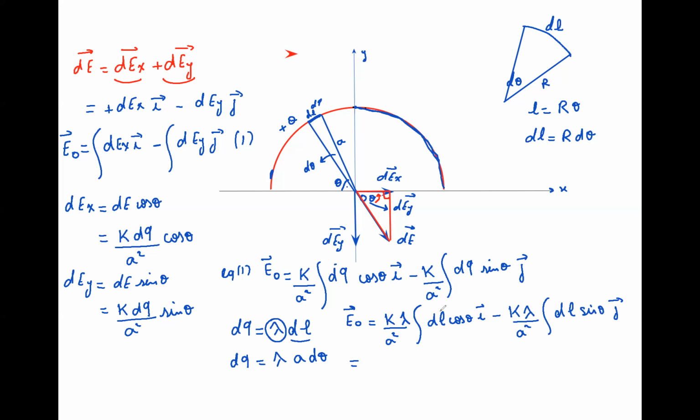So now we have two parameters. If you move delta L from here to here, theta will change and delta L position will change. So we have to transform delta L to d theta. It's important. You know that dl equal r d theta.